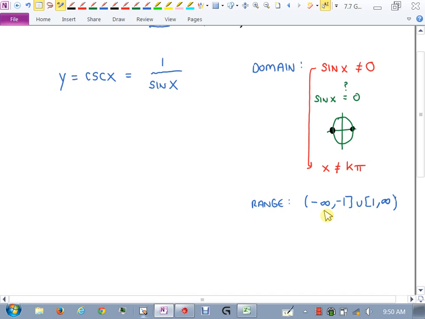So what this is saying is that sine had to be between -1 and 1, right? This one, what comes out of it has to be bigger than 1 and then actually less than -1. So it's kind of opposite of what the sine was doing, isn't it? Okay, so that's domain and range.